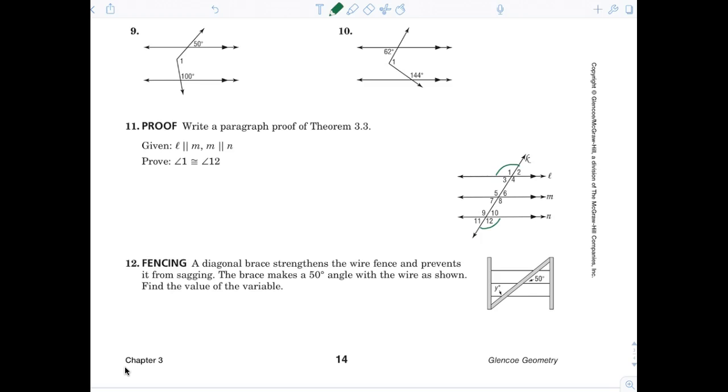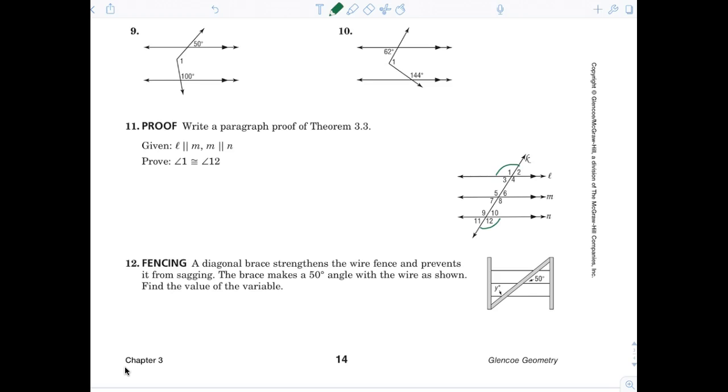All right? Now, what's the relationship between angle 1 and angle 12? Yes. So you could now say that angle 1 is congruent to angle 12 by the alternate exterior angle theorem.